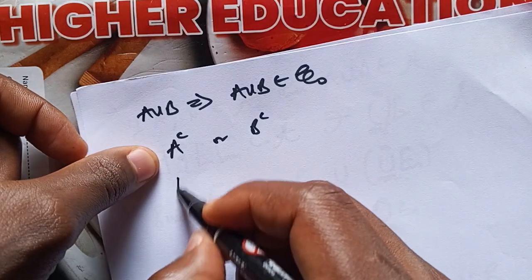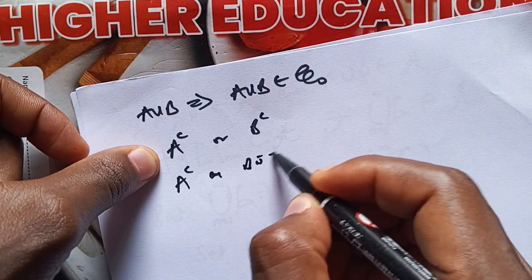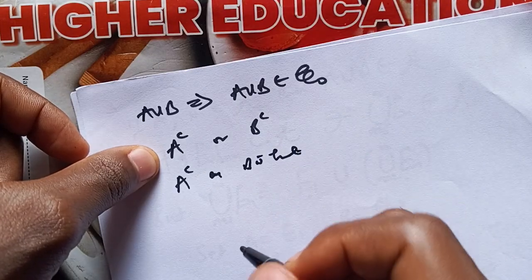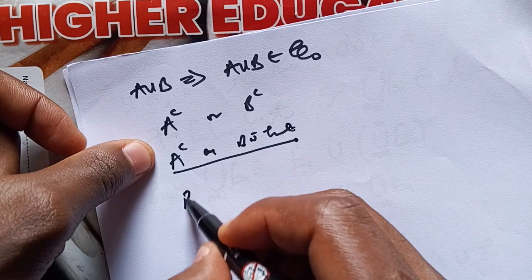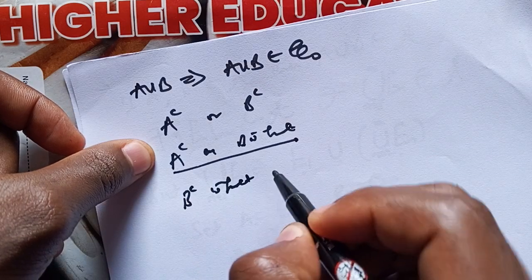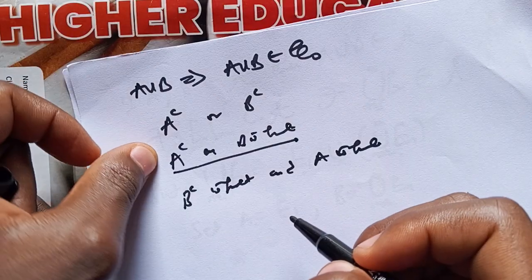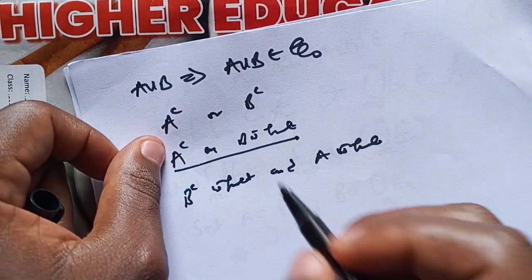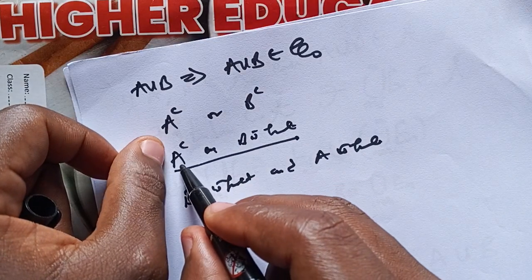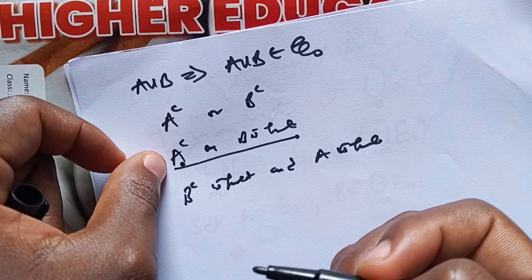So if I say A complement is finite and B is finite, solving for this is also the same thing as doing B complement is finite and A is finite. So if I say A complement is finite, it means that A is what?